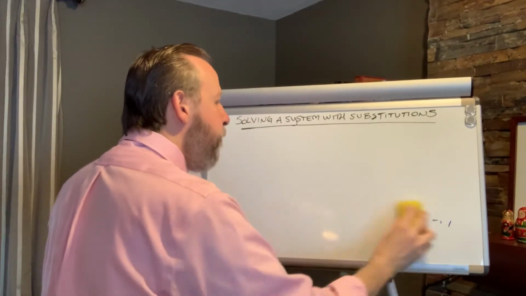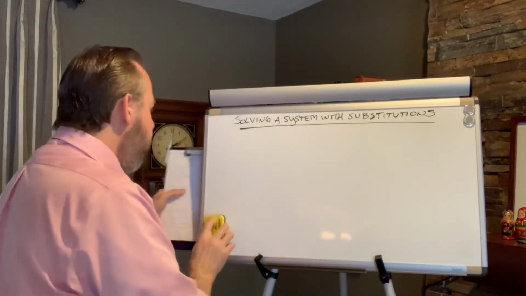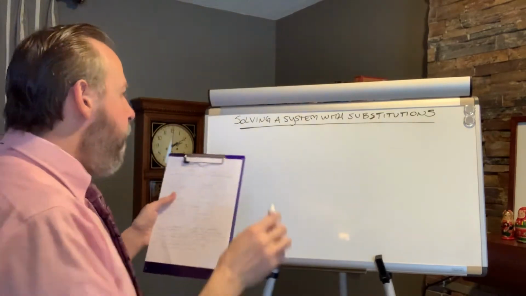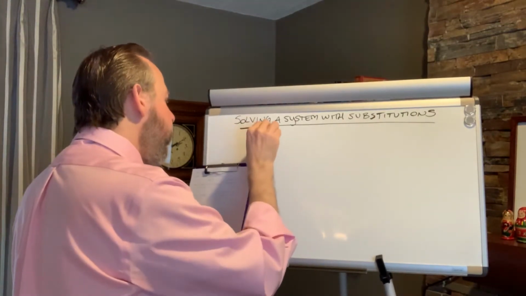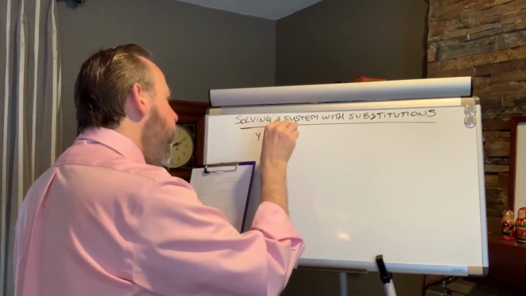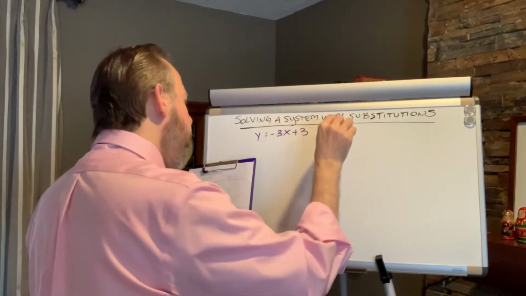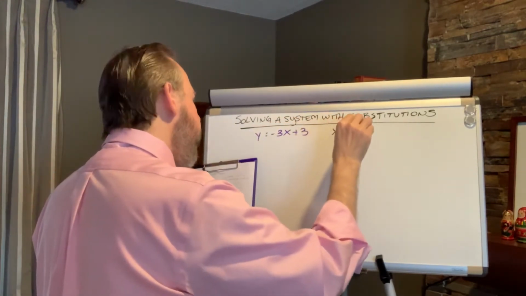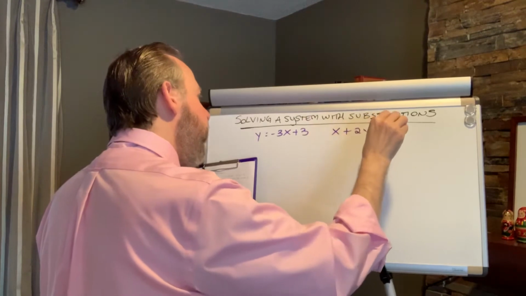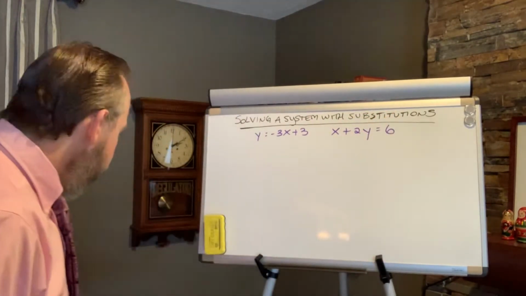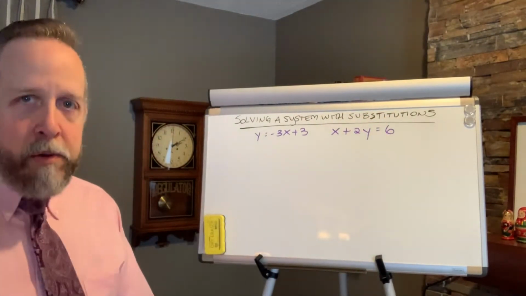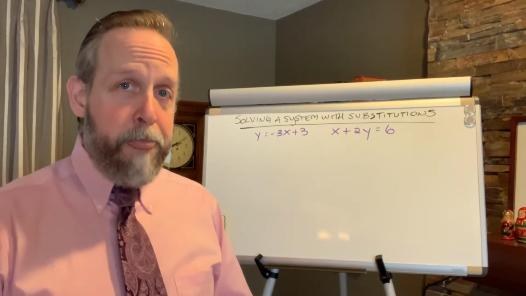Okay, next example. We got one equation in slope-intercept, y equals negative 3x plus 3, but the other one's in standard form, x plus 2y equals 6. Now guys, there's two things you can do, and it's really up to you.